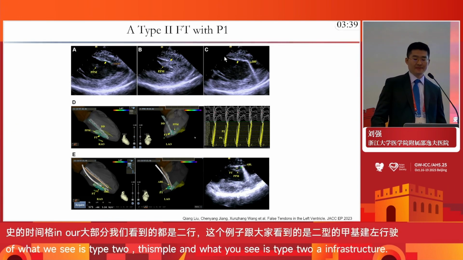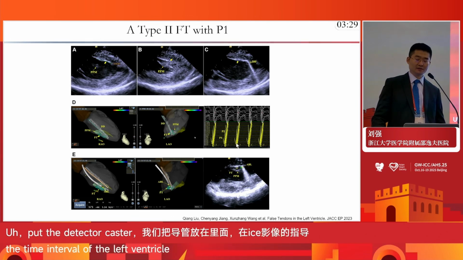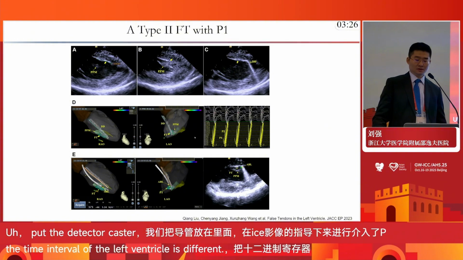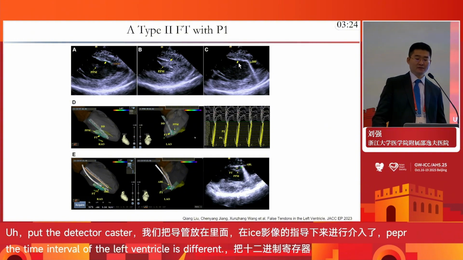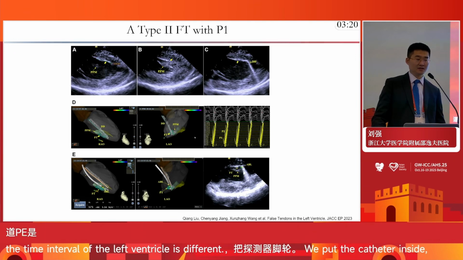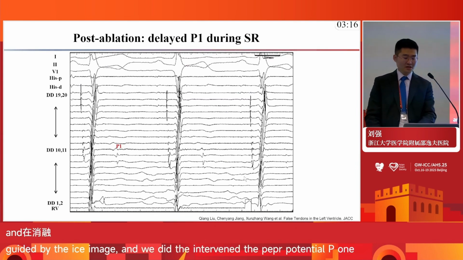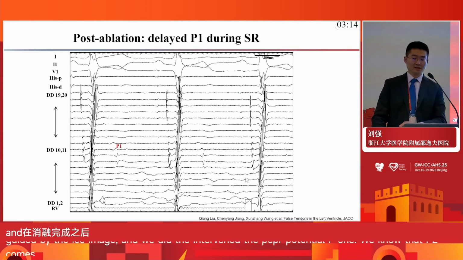We put the duodecapolar catheter guided by ICE imaging and the 3D mapping system during tachycardia. We can record clear P1 and P2 potentials. Then we know the P1 comes from this false tendon, and just focusing on the false tendon ablation, the tachycardia terminated and was successfully ablated.